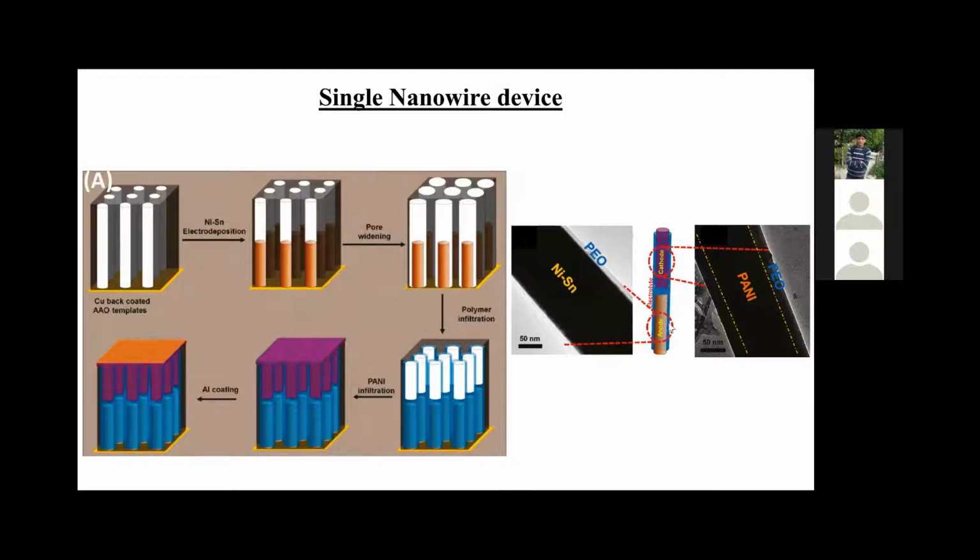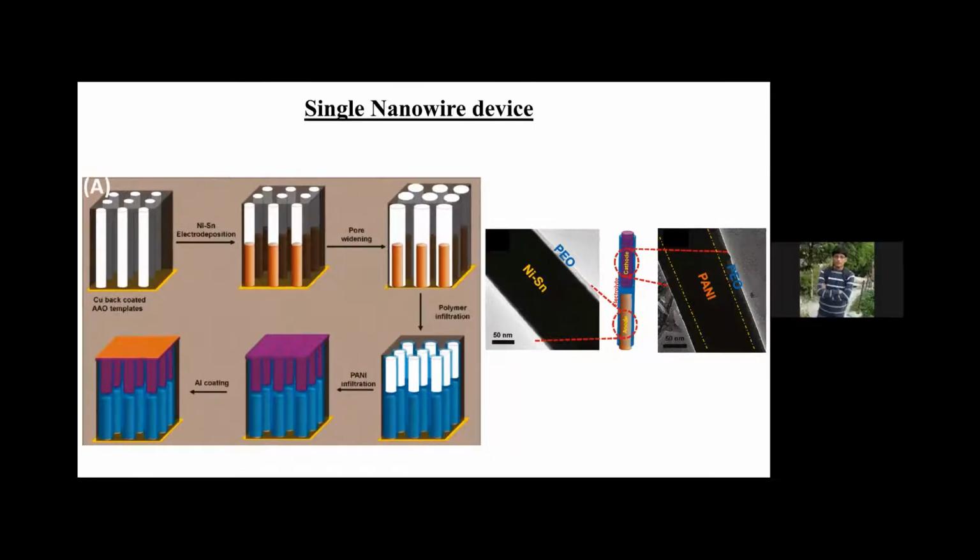Here we can see this single nanowire. Because we use a template, there must be a gap, and when we apply the electron, that device is the complete device.